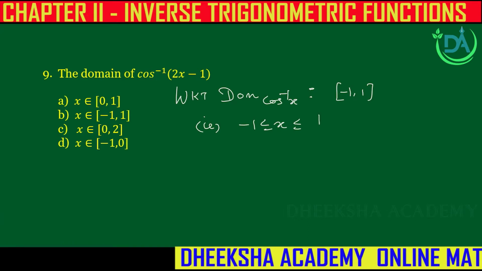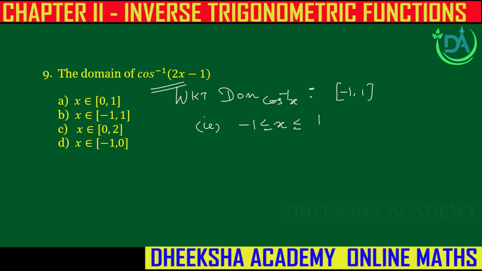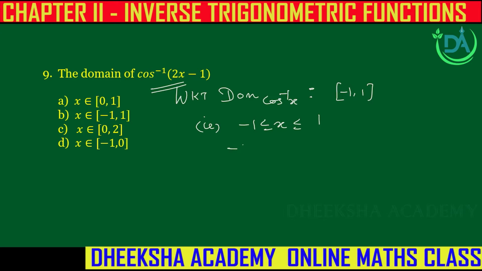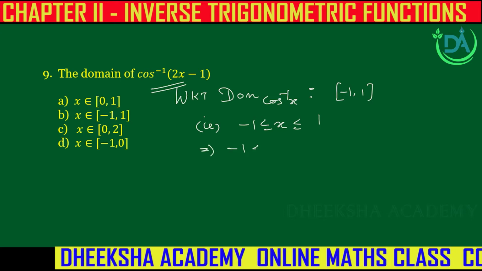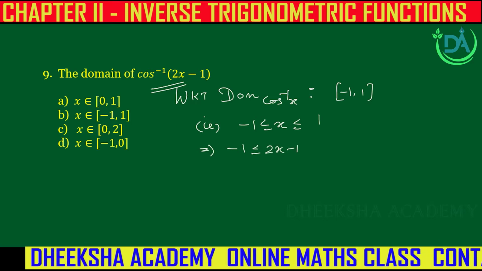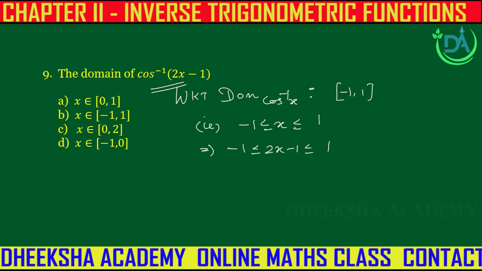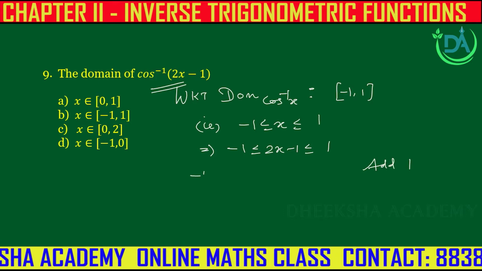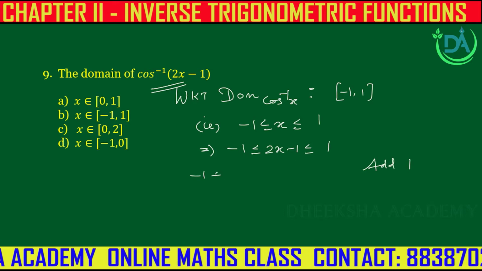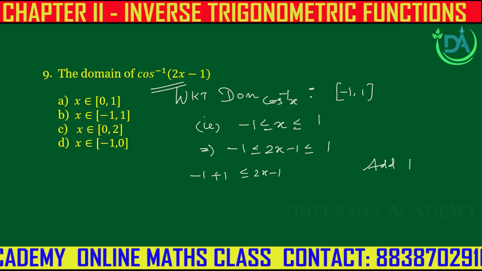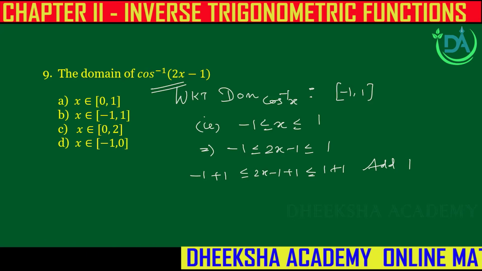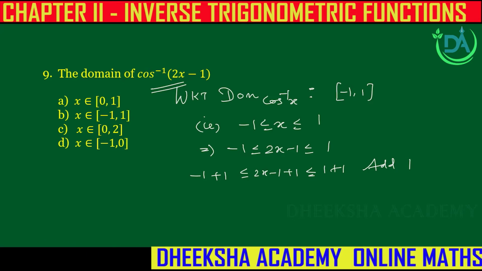But we have the function cos inverse of 2x minus 1, so minus 1 less than or equal to 2x minus 1 less than or equal to plus 1. Now add 1, so we get minus 1 plus 1 less than or equal to 2x minus 1 plus 1 less than or equal to 1 plus 1. We have to add 1, okay.